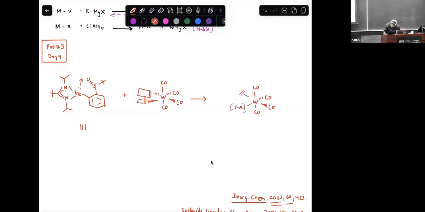And the other one would be COD. And this would maybe fulfill the specifications of the question that all the COs are inequivalent, yes or no?